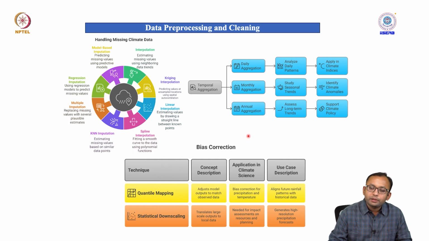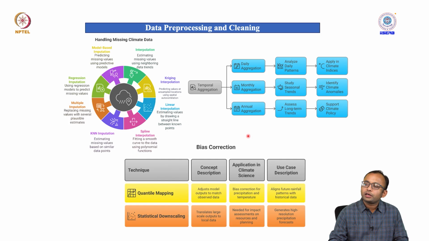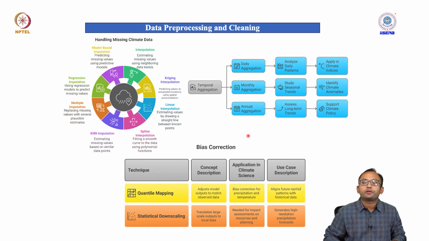It is also possible, when you are talking about data sets coming from different sources. For example, let us say you are talking about data from a climate model. Climate models might produce some sort of uncertainty or biases. Why?